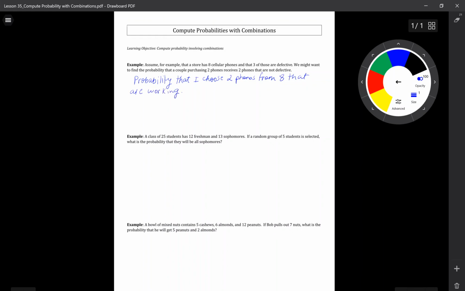So here's how we do that. This probability is equal to, well, first of all, how many ways can I choose 2 phones that aren't defective? That will be the number of ways that I can get what I want, right? I want 2 phones that aren't defective. So I first need to figure out how many different ways there are to select 2 phones that aren't defective.